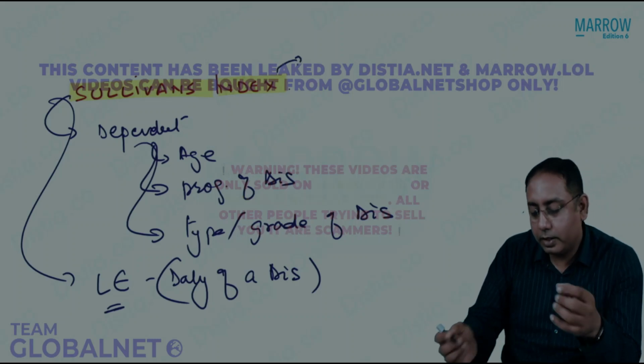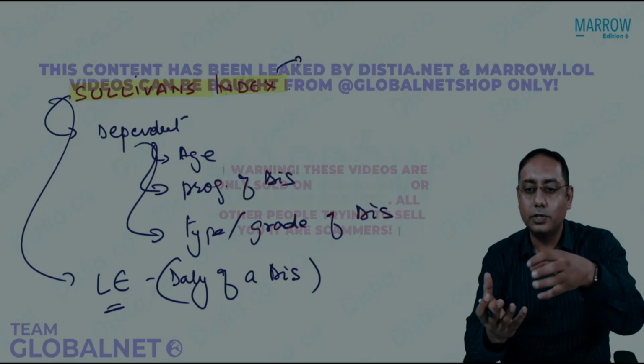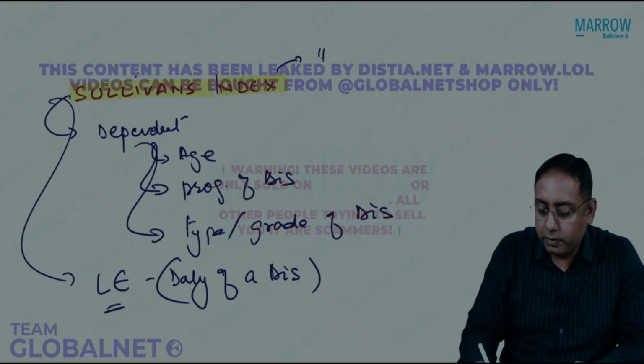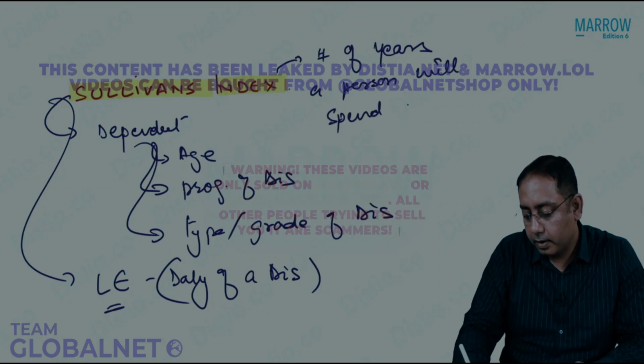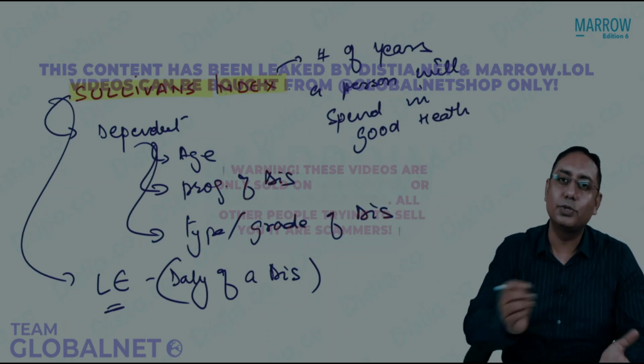It is actually equal to the HALE, but HALE is at a country level. So Sullivan is at the individual level. The number of years a person will spend in good health, free from disability or premature death, that is the Sullivan index.